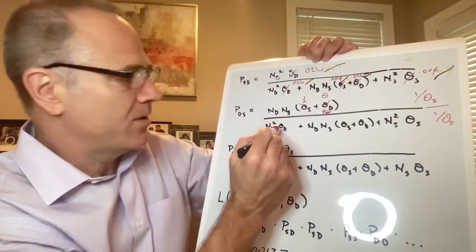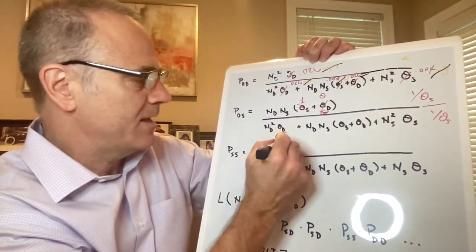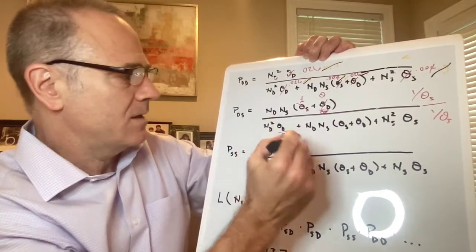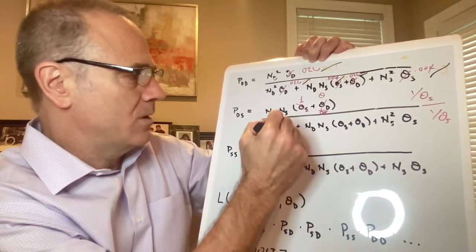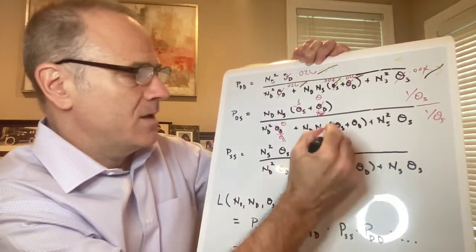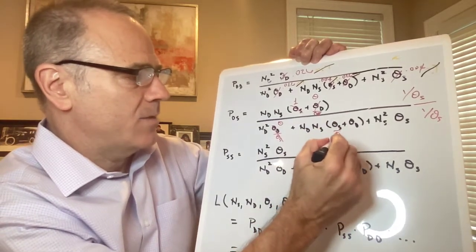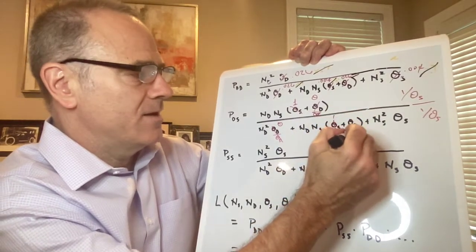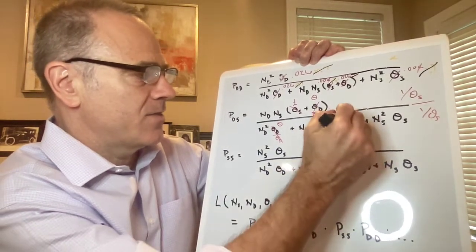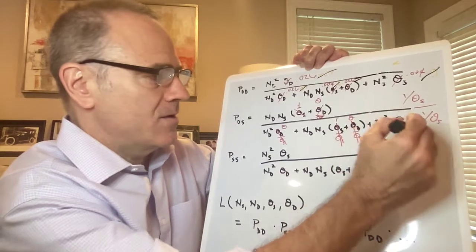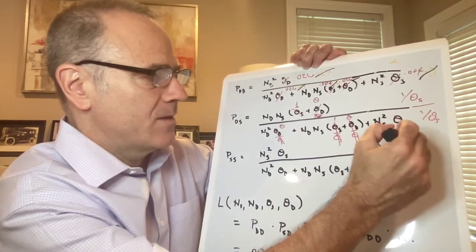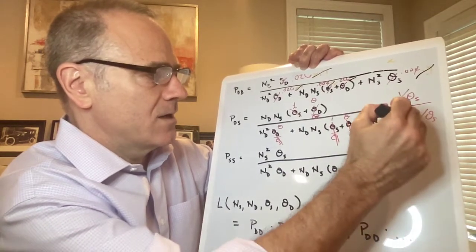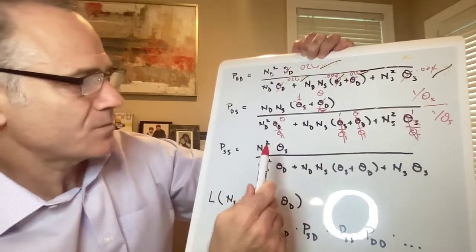Here you get a theta S divided by theta S, you get a 1. Here you get theta D divided by theta S, you get a theta. Here theta S divided by theta S, you get a 1.